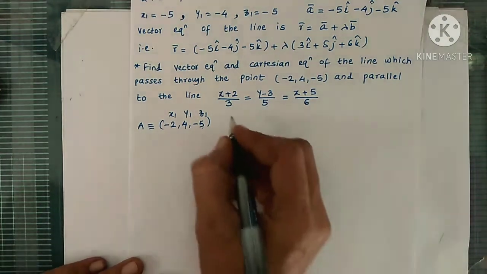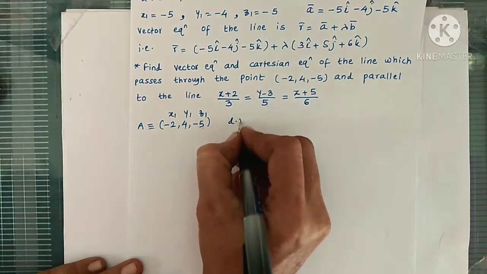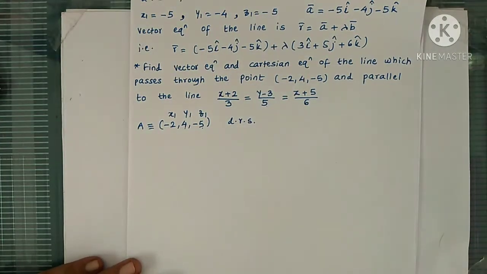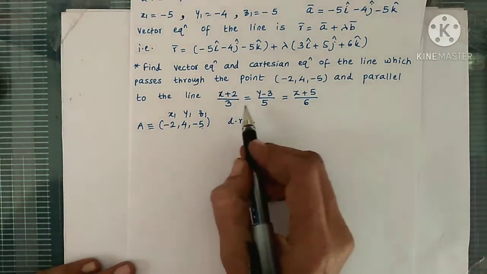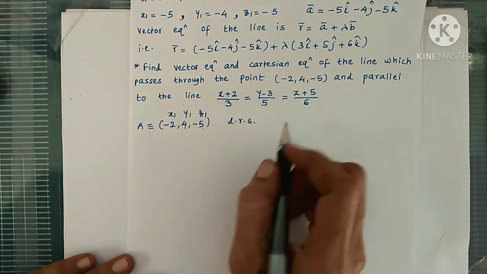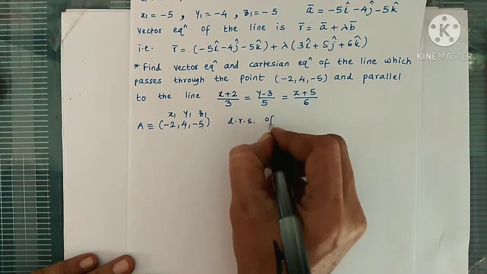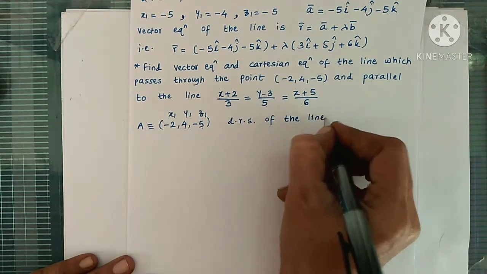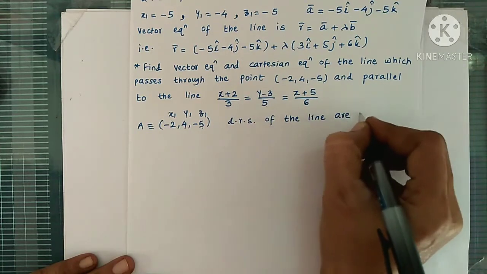That means direction ratios. Since the two lines are parallel, their direction ratios are proportional. So one set of the direction ratios is 3, 5 and 6. So the direction ratios of the line are 3, 5, 6.